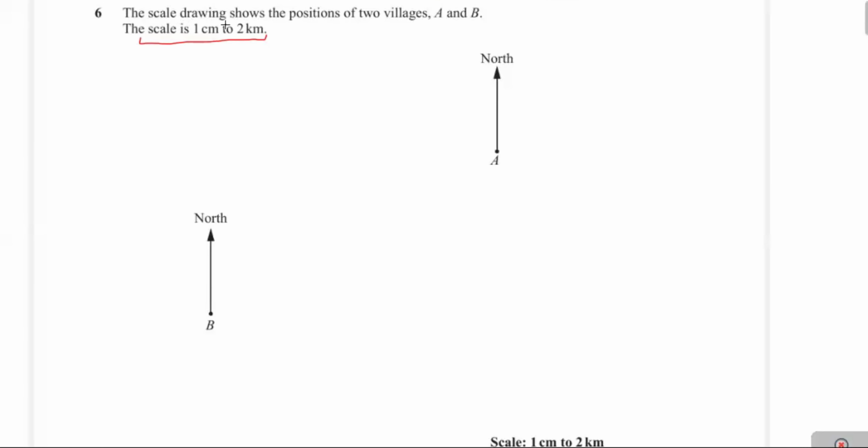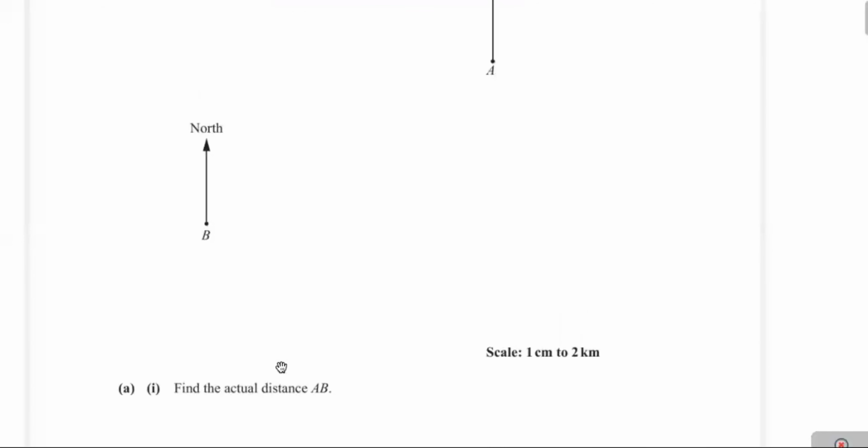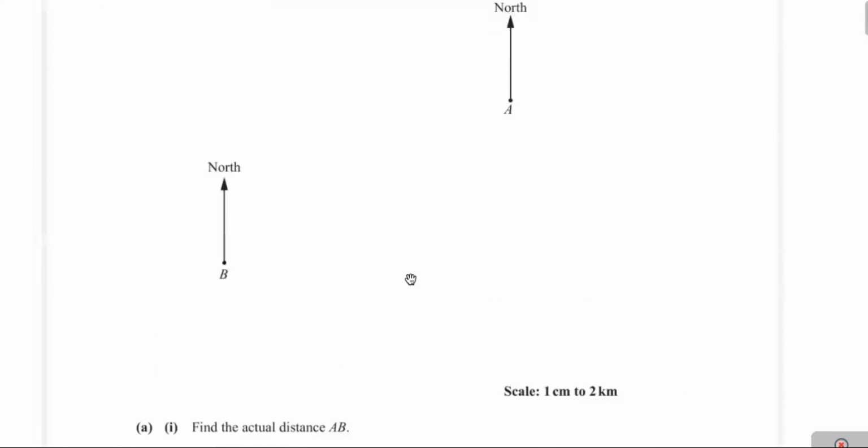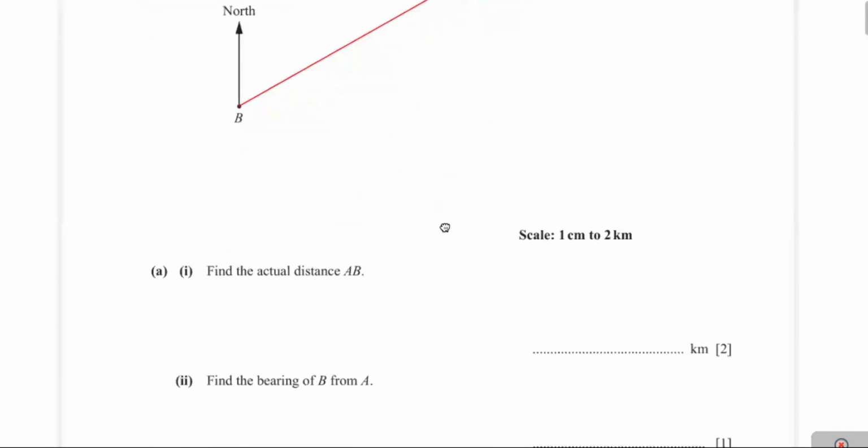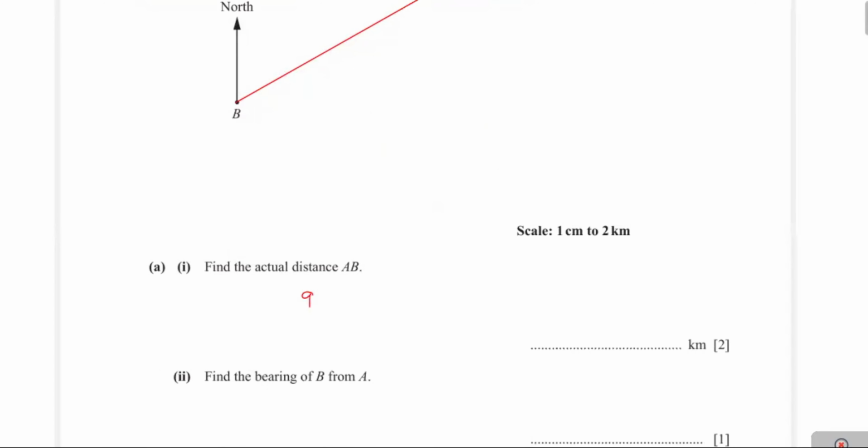Question number 6. A scale drawing shows the position of two villages A and B. The scale is 1 centimeter to 2 kilometers. Find the actual distance AB. Now, firstly, we find the distance AB by using the scale. When we measure this length AB, the length will be equal to 9.5 centimeters.